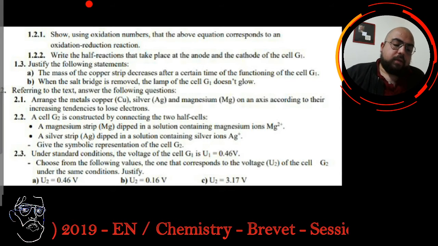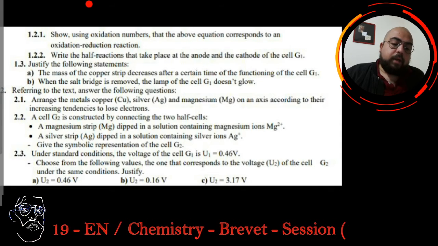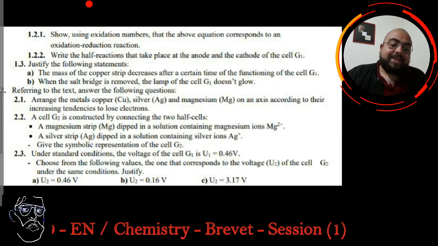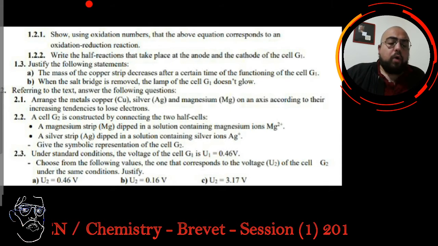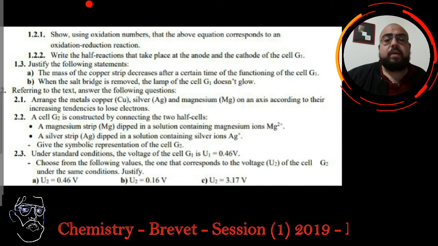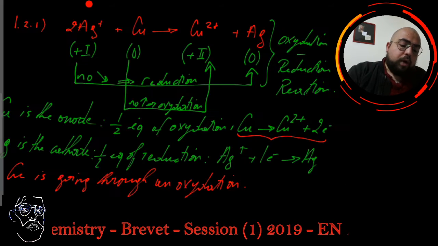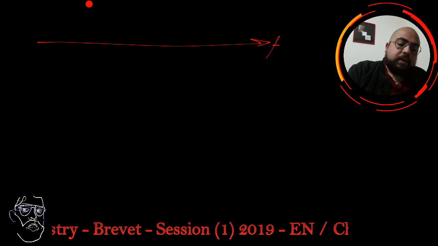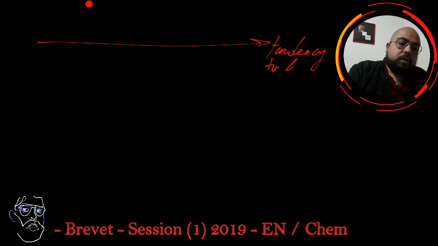Referring to the text, answer the following question. Arrange the metals copper, Ag, magnesium on the axis according to their increasing tendencies to lose electrons. We already talked about that Mg is losing electrons more easily than copper, and copper more easily than Ag. So you have to simply do an axis where you have the tendency to lose electrons.